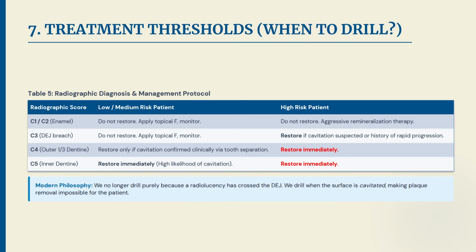And C3, you're restoring if cavitation is suspected or history of rapid progression is there. And then C1, C2, you're not restoring, you're just remineralizing. So based on the radiographic score, just pay attention to this one.